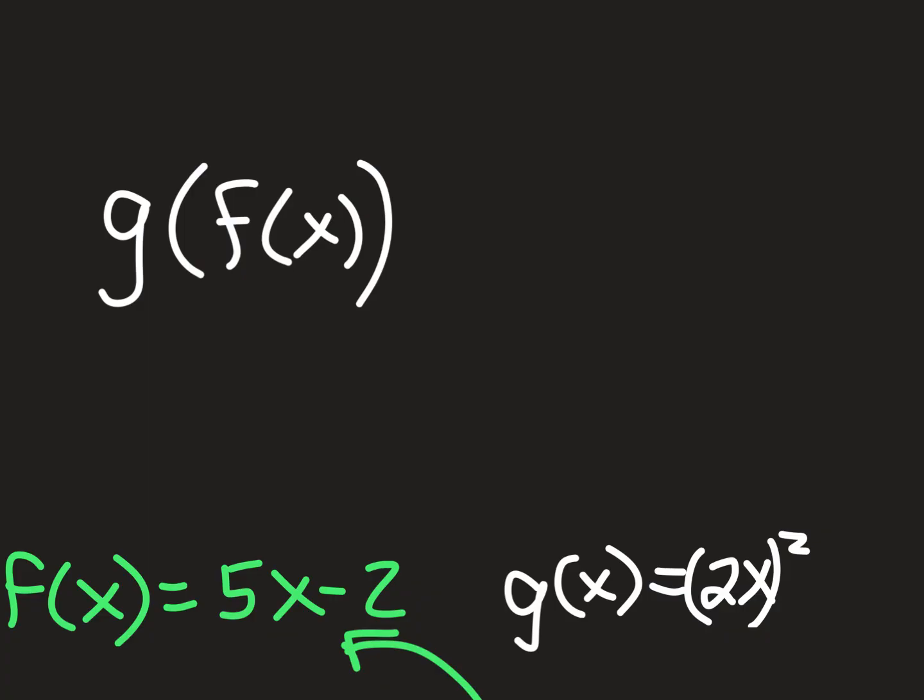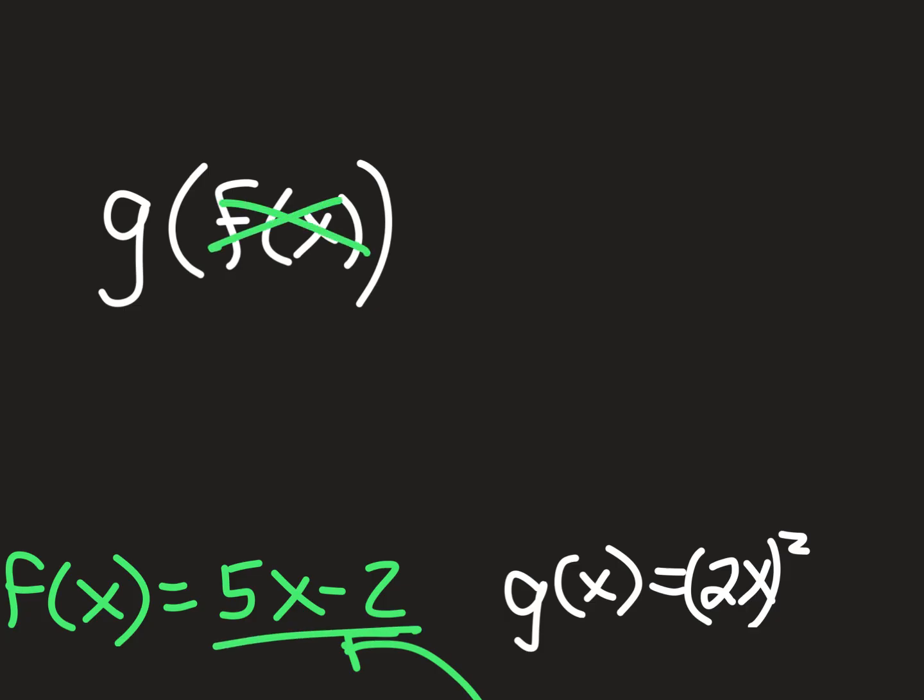If you know what f of x is, start on the inside, write that first. So f of x is 5x minus 2.